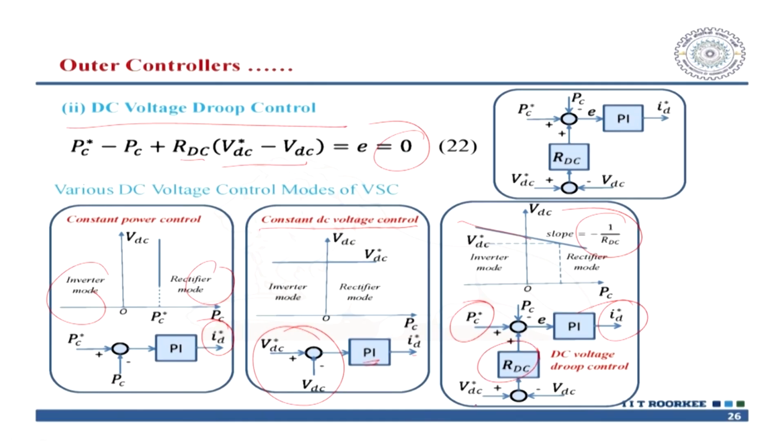Thereafter you have VDC star minus VDC, and it will be divided by RD, and ultimately you will be calculating the value of the ID star. So, this kind of control is the droop control method, and this is followed mainly in a DC microgrid kind of system, where power flows through or is taken away through the front end active converter.